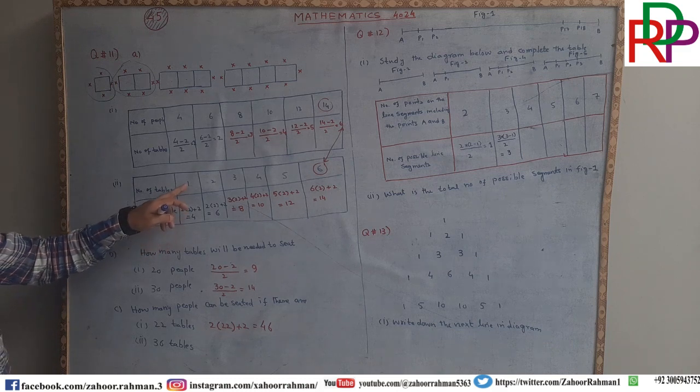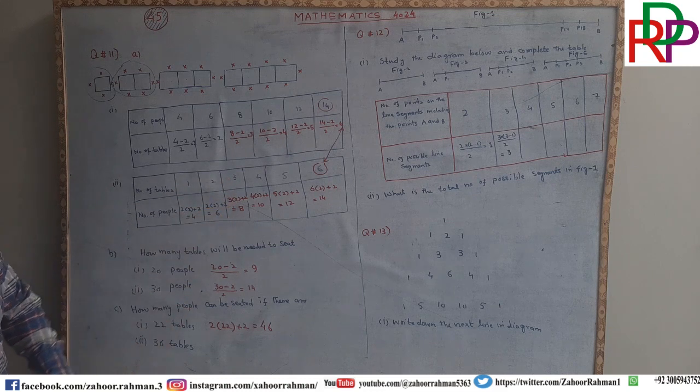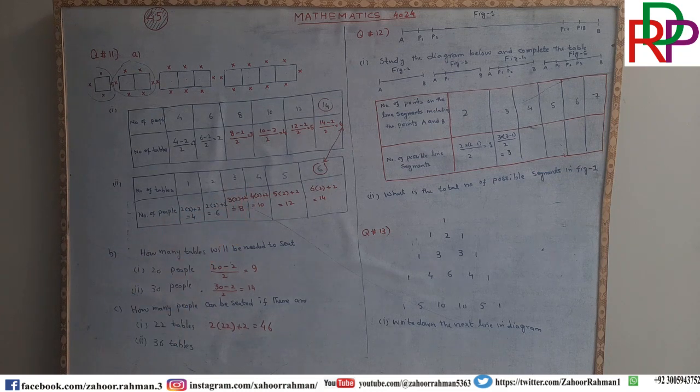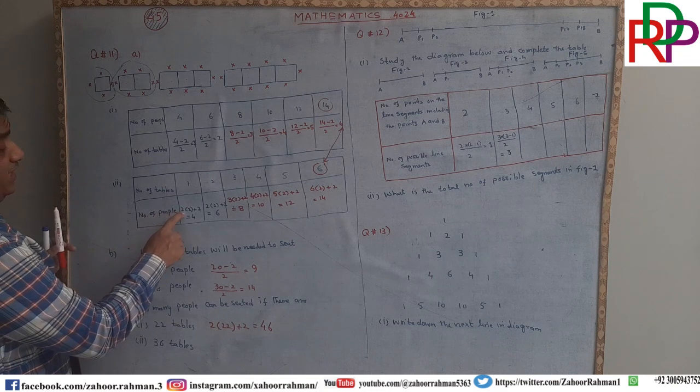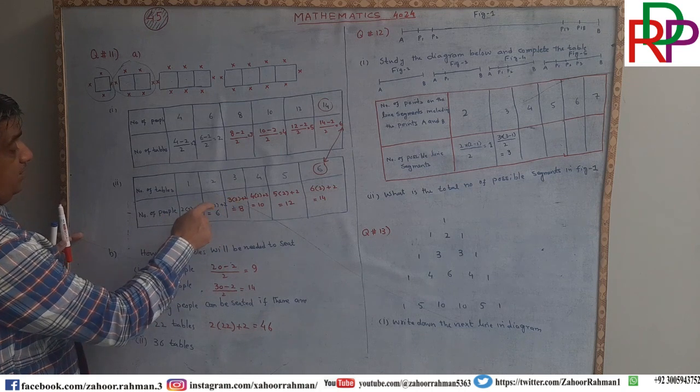2 into 1, 2 into 2, 3 into 2, I should write 2 into 3, but that is correct. 4 into 2, 1 into 2, 2 into 2. If you are writing 1 into 2 and 2 into 2, but generalizing the formula, if you have written 2 here, you have to write this 3 inside and 2 outside.